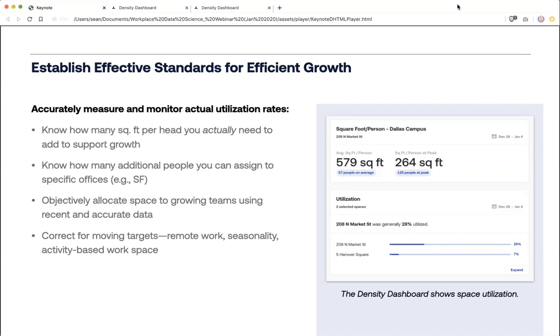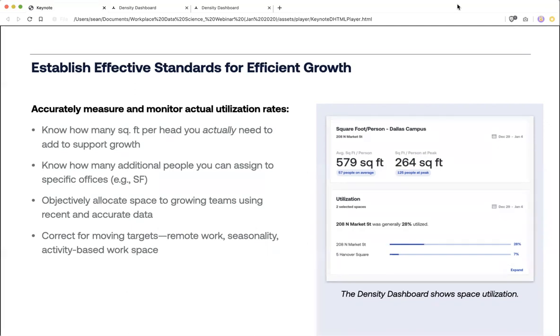So our best clients actively measure and monitor utilization rates, how their spaces are used on a floor level, on a room level. And they know things like how many people are actually coming to work today, how many square feet they actually need to support that growth, or if they're consolidating, how to support that, how many additional people they can assign to specific areas or zones, how they can allocate space to growing teams.